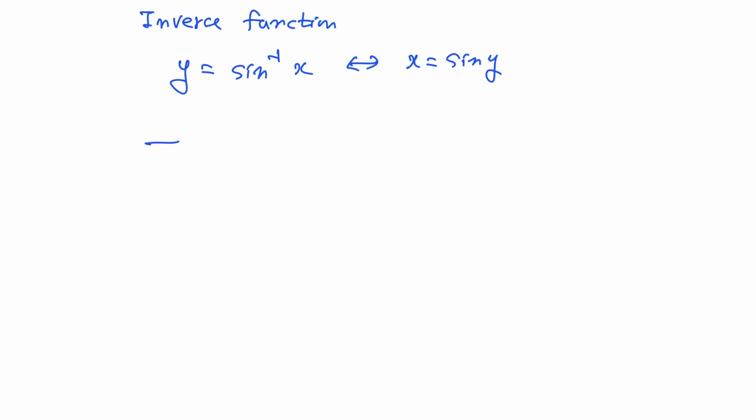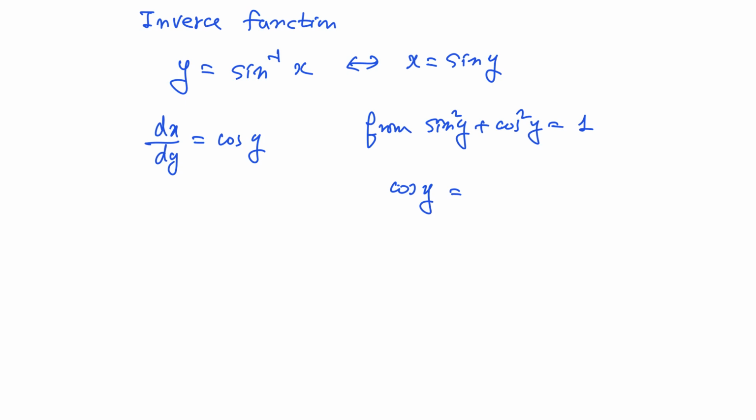We know that dx/dy is now cosine y. From sine squared y plus cosine squared y is equal to 1, cosine y is (1 minus sine squared y) to the power of 1/2.